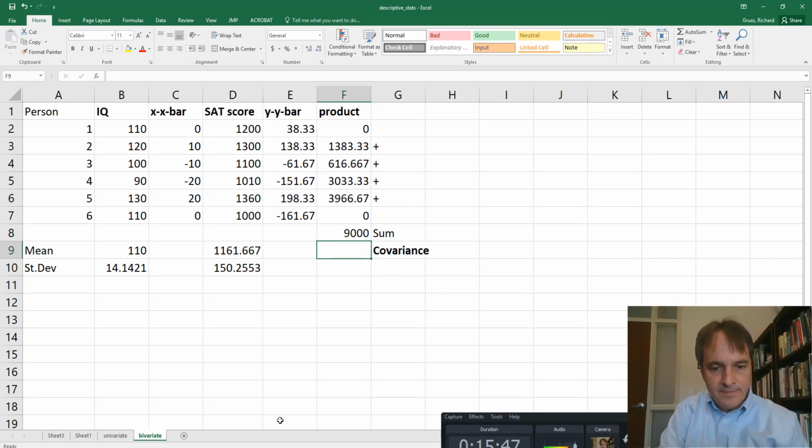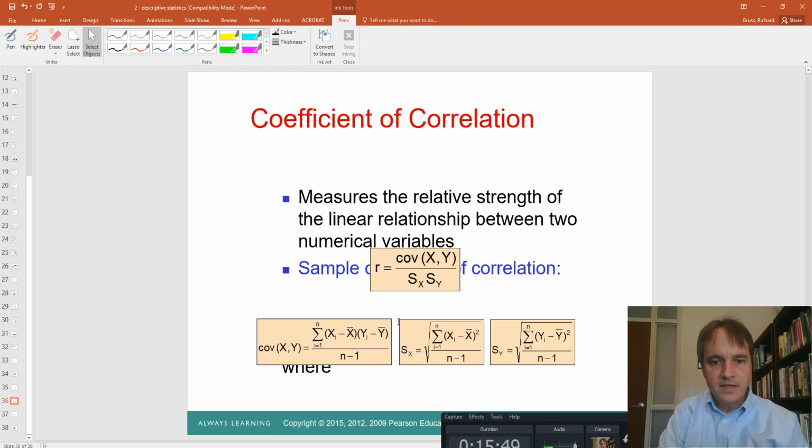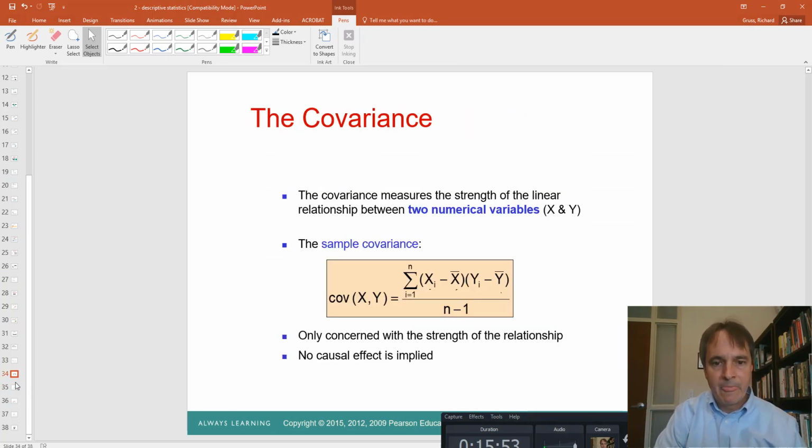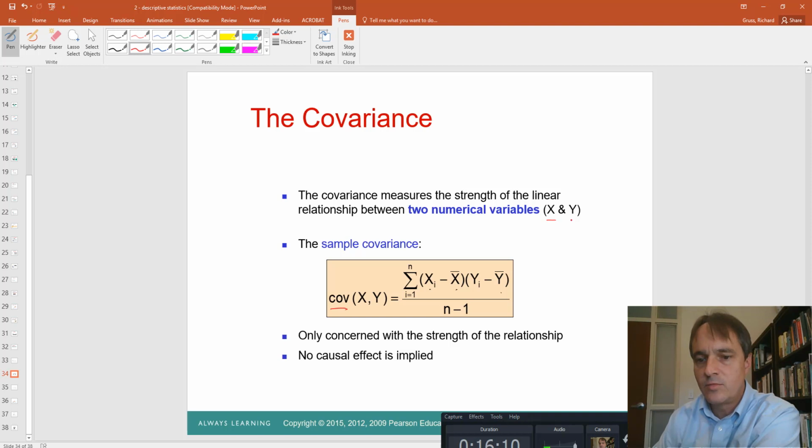The only step we're missing here, let's take a look at the slide. On this slide, you're given a formula for the covariance. The covariance describes the strength of the linear relationship between two numerical variables, x and y.